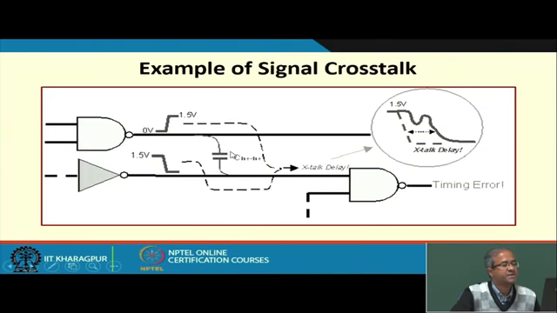Because of the capacitive coupling, what might happen is that in this signal line, second one, you are expected to have a clean transition like this, but because of this rising sudden spike here, you can encounter a sudden noise signal injected here like this. And if this noise signal is sufficiently high in amplitude and this signal is feeding some other gate, it might temporarily recognize it as a 0 and then again 1 like that. So, that might lead to a timing error and some error in calculation.